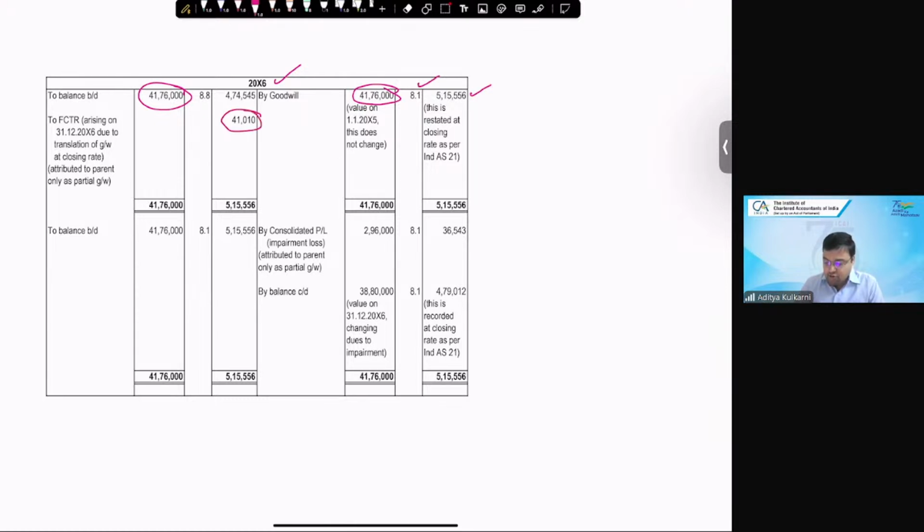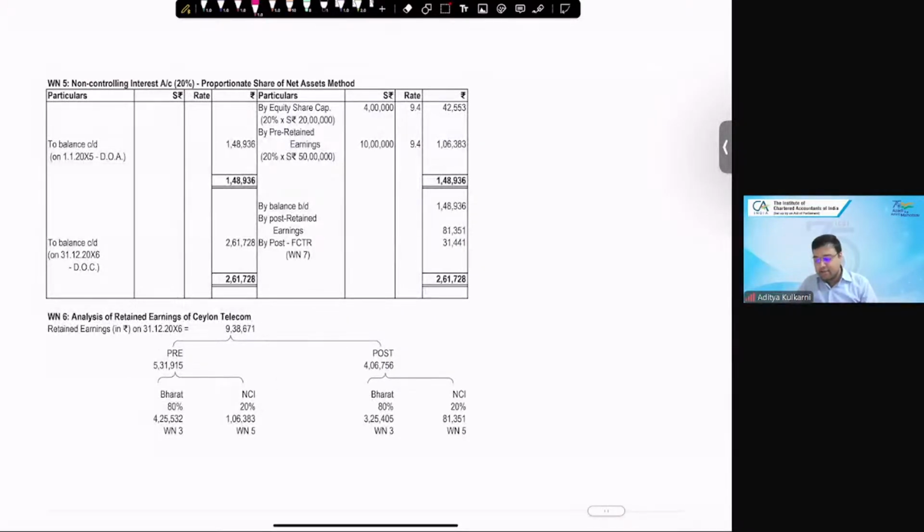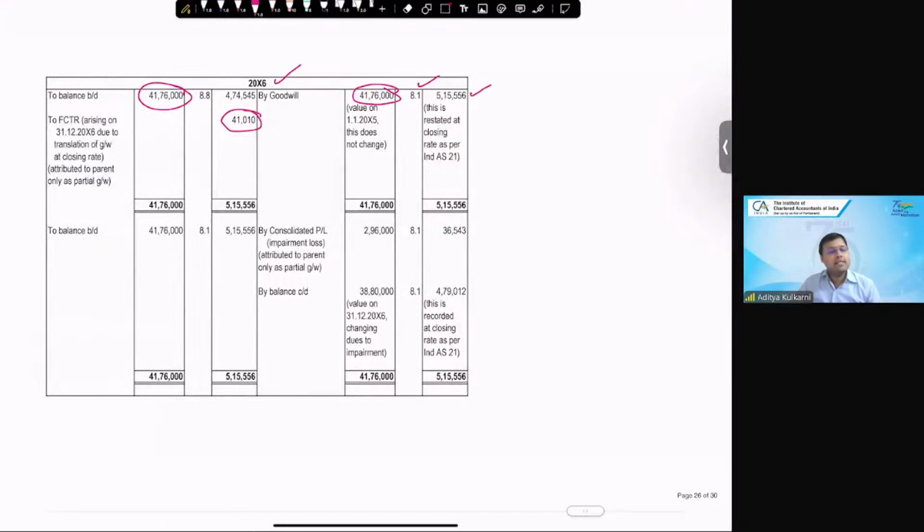That difference goes to FCTR. Are you able to understand this? Yes, sir. So year after year, the goodwill in foreign currency remains the same, but it is restated at the closing rate, and therefore the movement will be taken to FCTR. Is it okay? Yes.